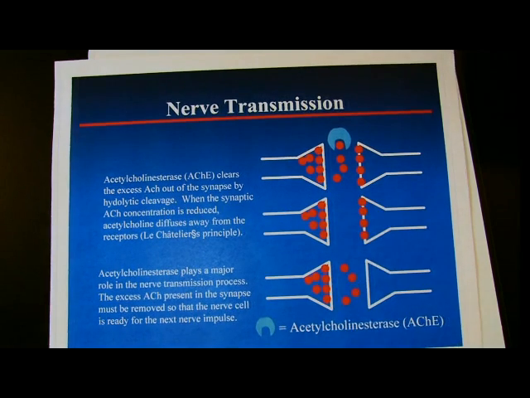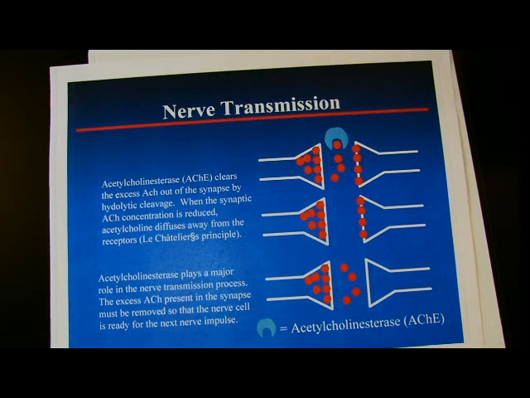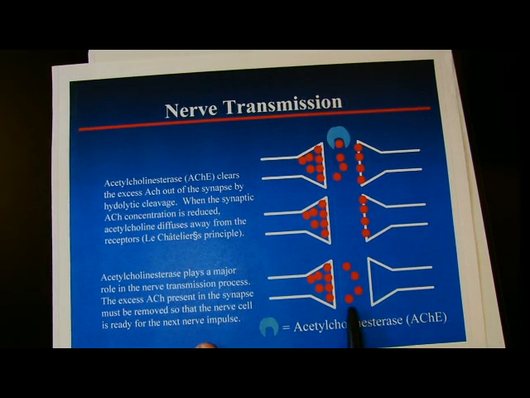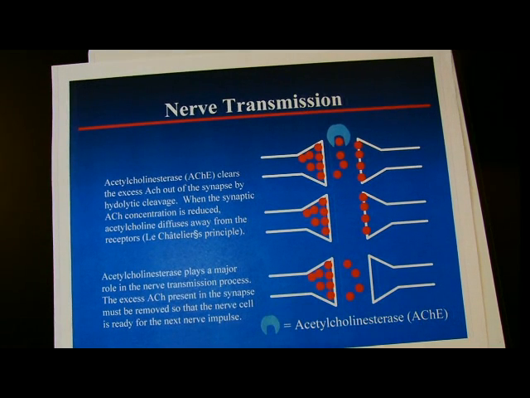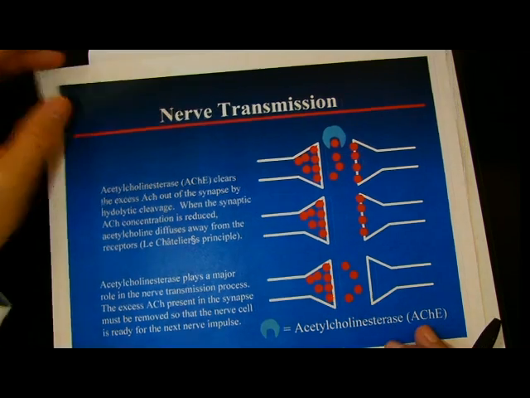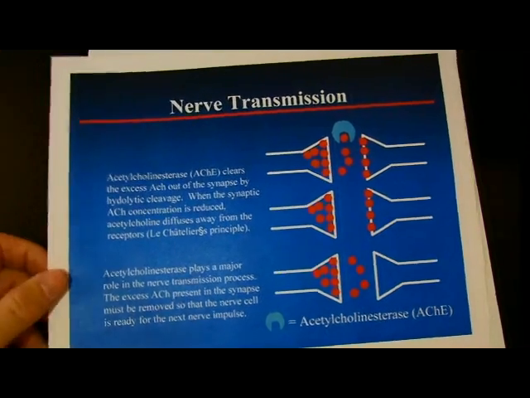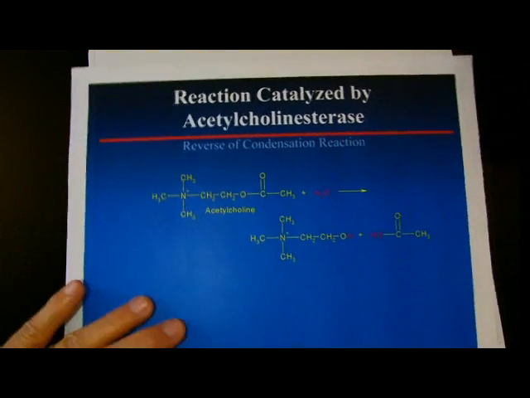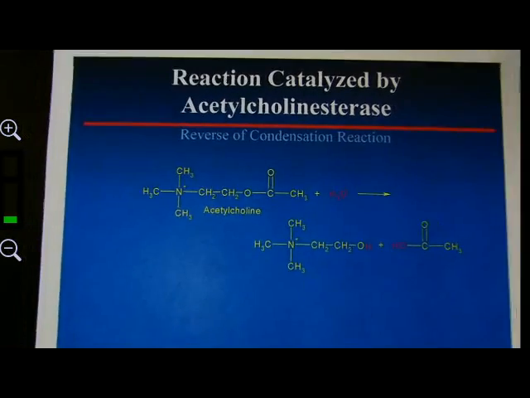So it removes the acetylcholine so that the next time a nerve transmission comes about, acetylcholine goes back in there. And so that's how nerves work. And so there's the reaction. And this is terrible because you can't see the red.